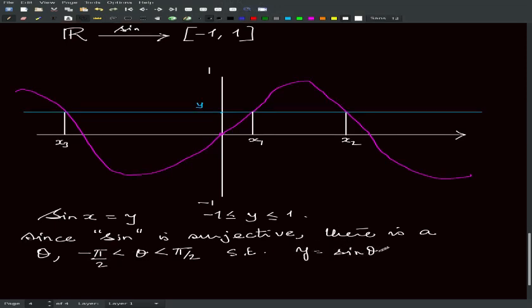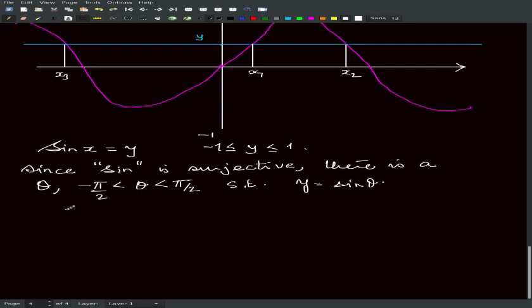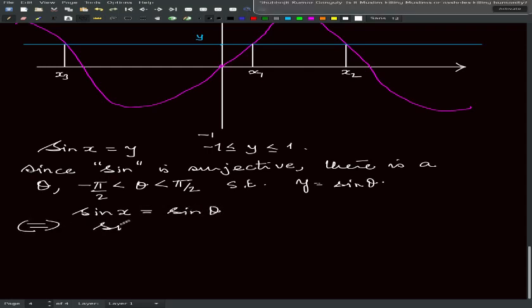So this is this old question, sine x is equal to sine theta. So this means sine of x minus sine of theta is 0.